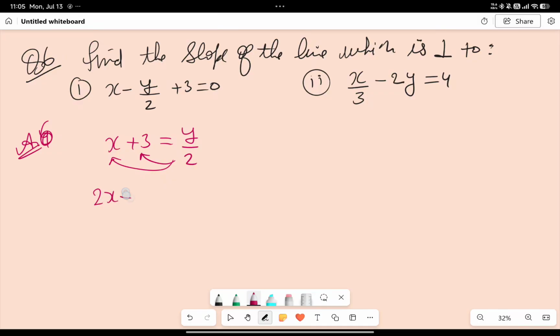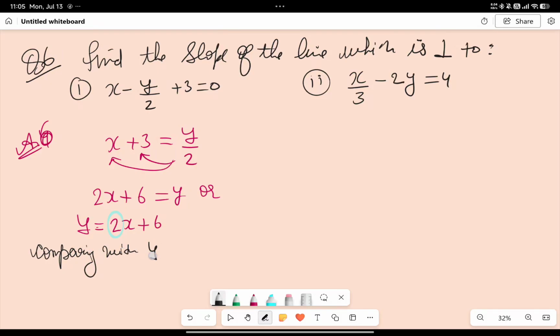It is 2x plus 6 equal to y, or you can say y equal to 2x plus 6. So here this blue one thing, comparing with y equal to mx plus c, we get m equal to 2.